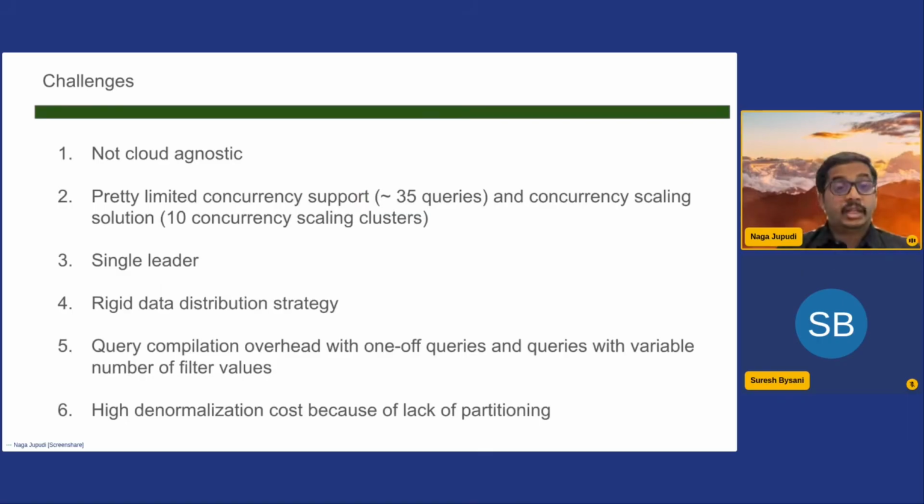When it comes to the read queries and the other operational statistics of using Redshift, it is essentially not cloud agnostic, but we do have use cases where we are growing into other clouds as well. So that was one of our problems. And it also had pretty limited concurrency support. Theoretically they publish a number of 50 queries per Redshift cluster, which is not a serverless cluster.